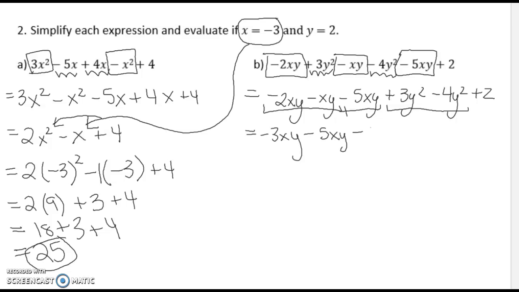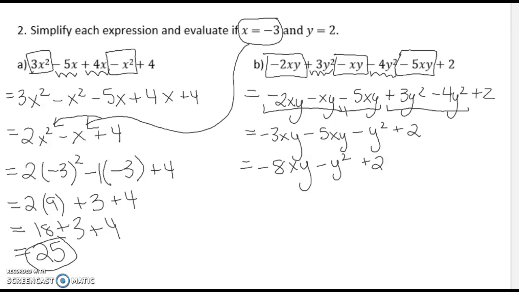So it gives us -1 y squared, and then a plus 2. Okay, so -3xy, take away another 5xy, gives us -8xy. And then we just have minus y squared, and then plus 2.